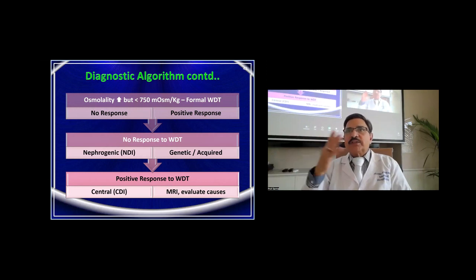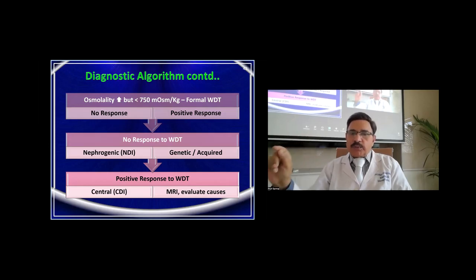Because there is no vasopressin from the pituitary, that is central diabetes insipidus, but I deprived the fluid. On one hand, this fluid deprivation should stimulate the ADH from the posterior pituitary, but it is not secreting, it has not stimulated, but the exogenous vasopressin I have given, it has acted and produced the increase in the osmolality. That is a positive response.